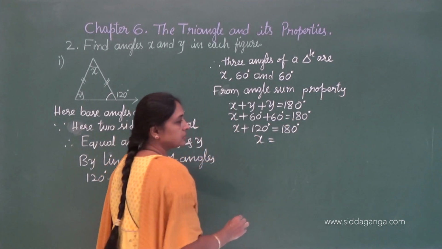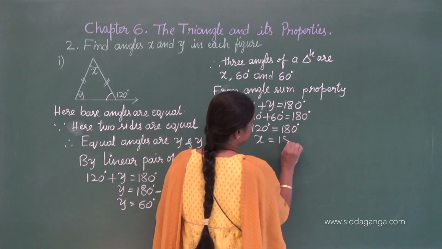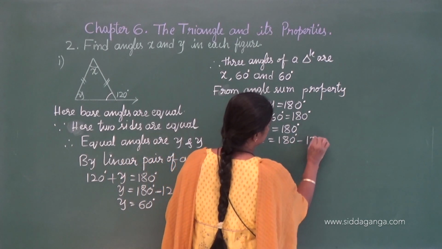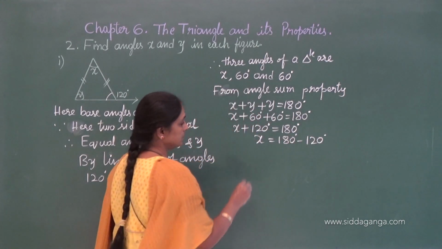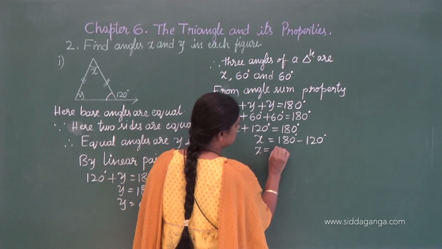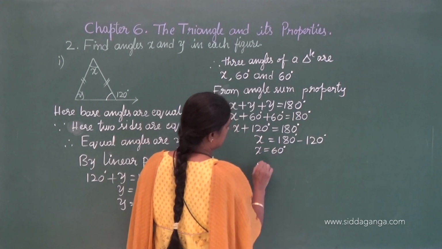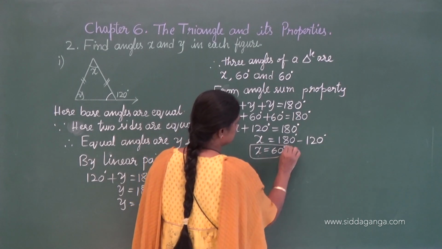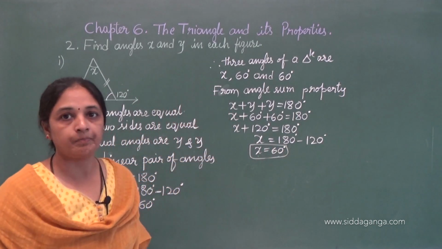Keeping x on the left side, bring 120 to right side, it becomes minus 120 degree. x is equal to 180 minus 120 is 60 degree. The value of x is 60 degree.